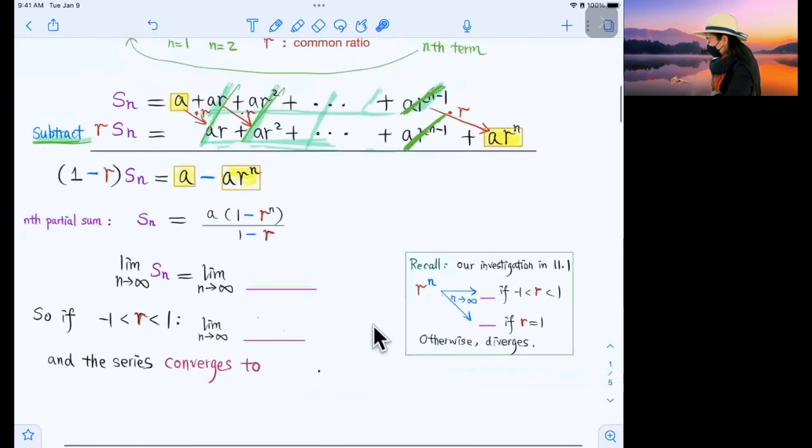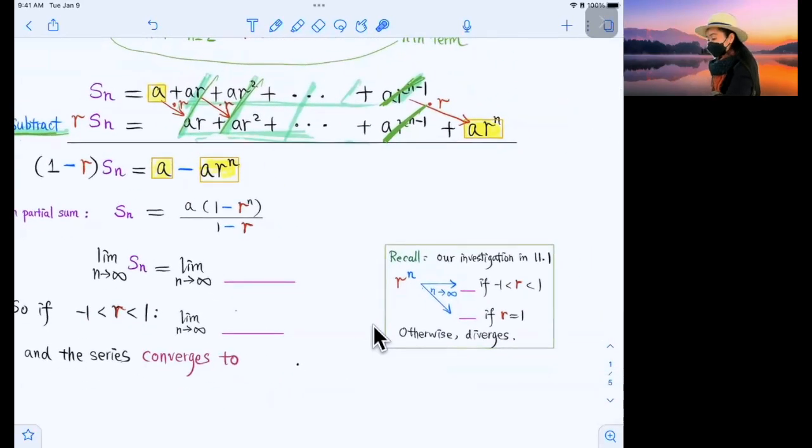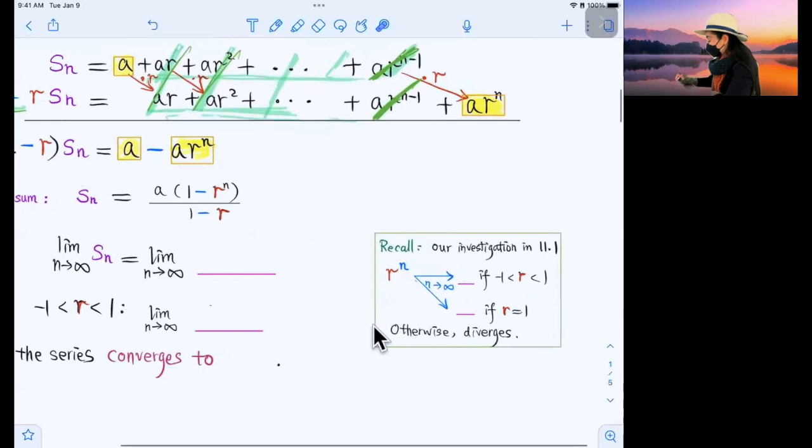Now, before we do this, let's remember the important result we have. Last time I told you guys that we're going to use it later. r to the n, if r is between -1 and 1, as n goes to infinity, what does it go to? Yeah, it goes to 0.